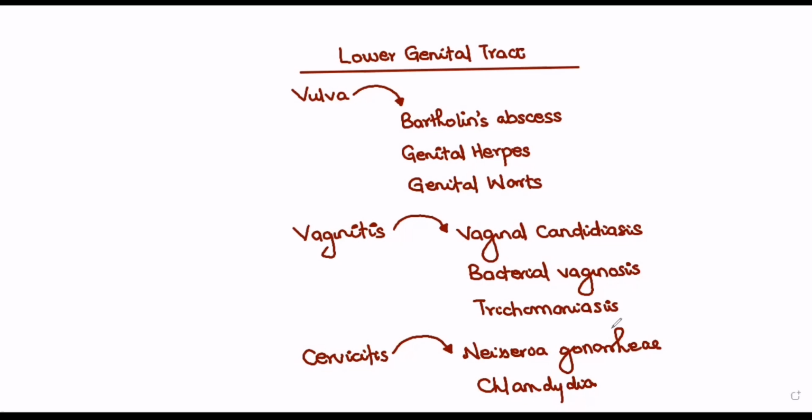In the upper genital tract, we've seen endometritis, salpingitis, oophoritis, tubo-ovarian abscess, pelvic peritonitis, and then if you have a complication in the right upper quadrant, you would have Fitz-Hugh-Curtis syndrome.